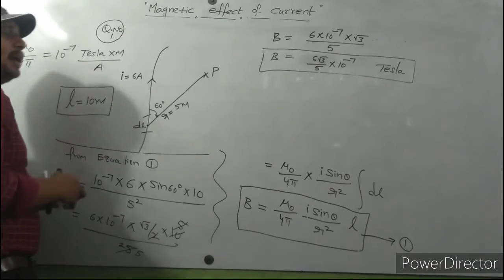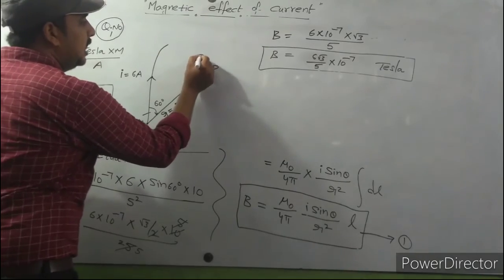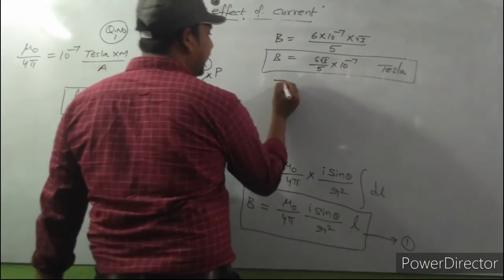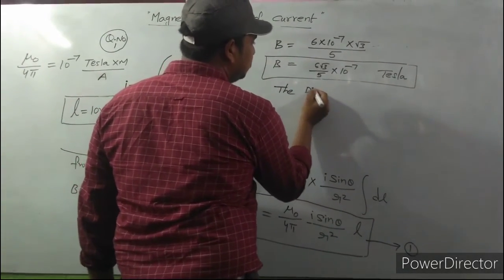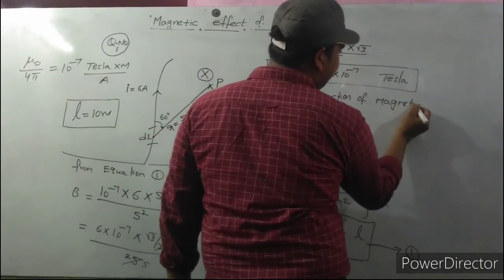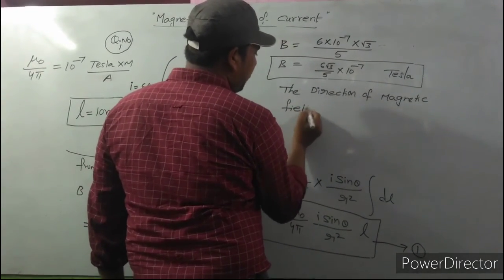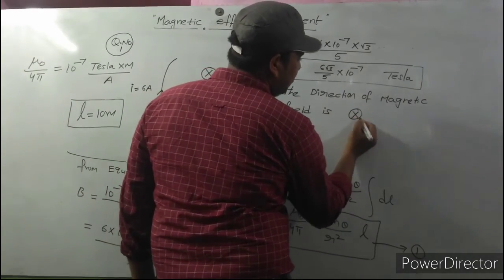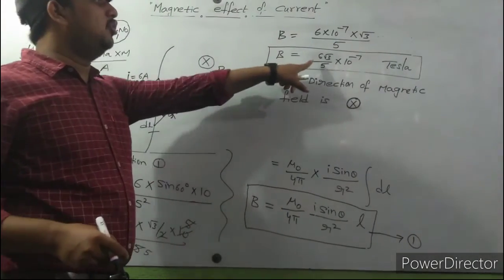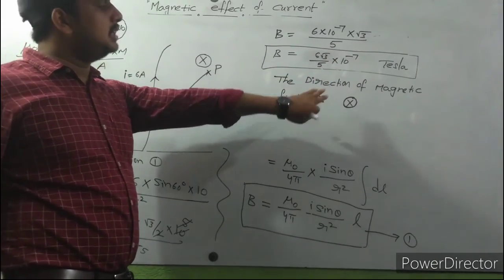Here the magnetic field is acting into the face. So the magnitude is 6 root 3 by 5 into 10 power minus 7 Tesla, and the direction of magnetic field is into the face.